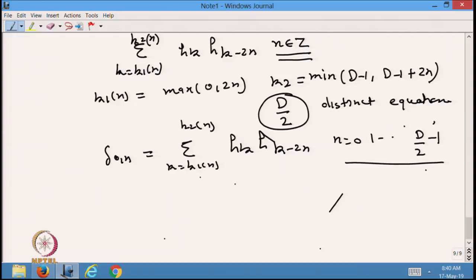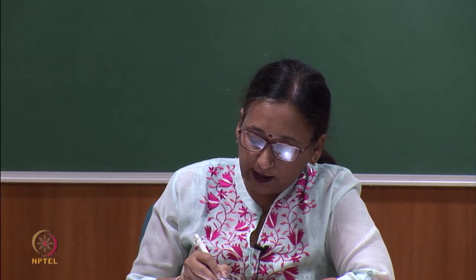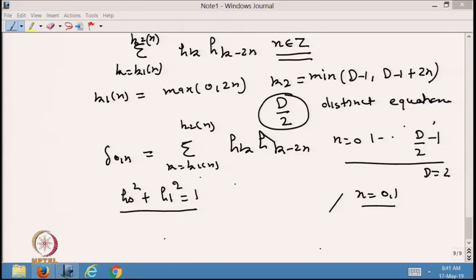For d is equal to 2, the Haar wavelet, n is 0 to 1. So, basically you will have h naught square plus h1 square is equal to 1, which is a non-linear equation you could observe, and the other equation which I have written earlier was this.